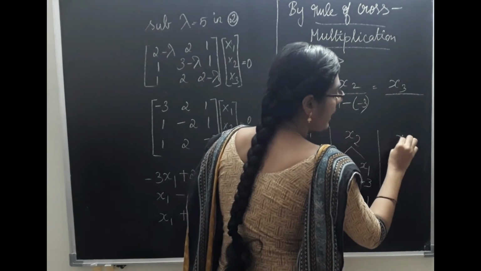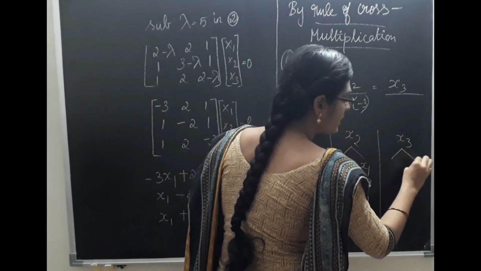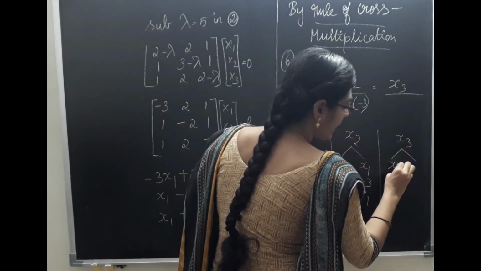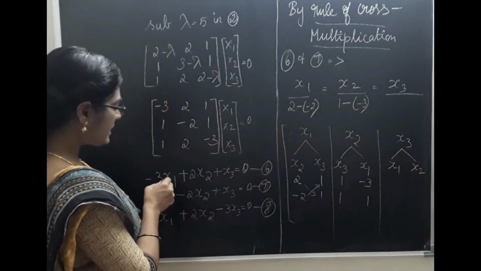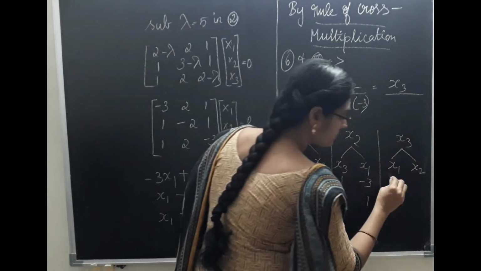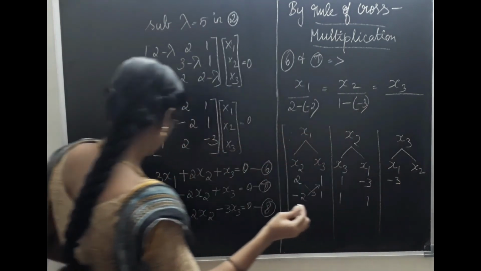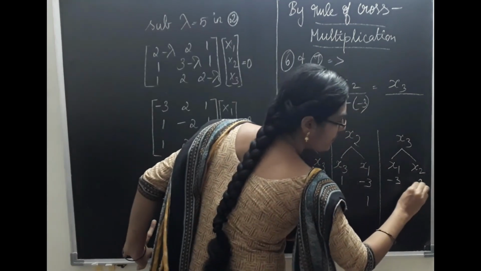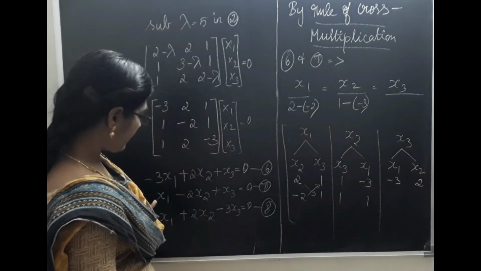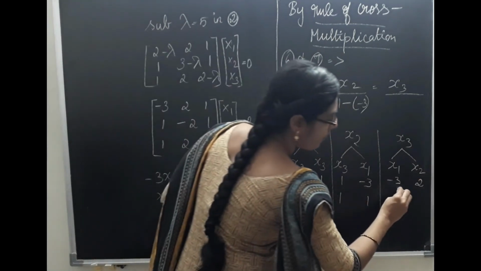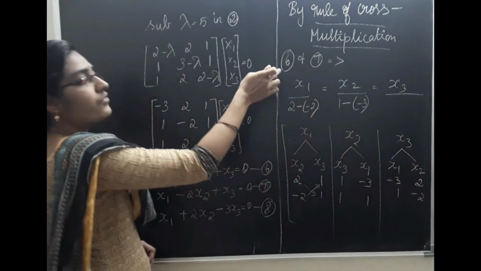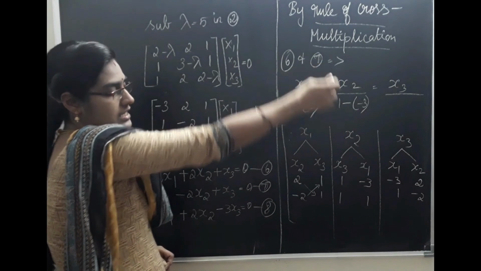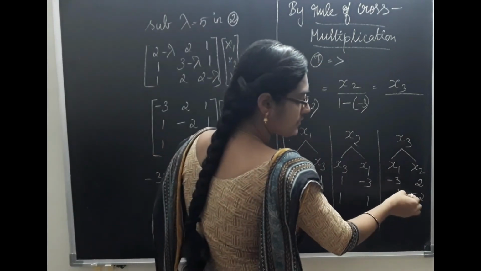Then for x3 we need to cross multiply the coefficients of x1 and x2. Here x1 is minus 3 and x2 is 2 from the sixth equation, and for the seventh equation, 1 and minus 2. These coefficients we are writing from the sixth equation and the seventh equation. Now cross multiply it here.